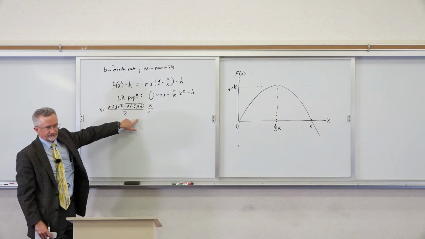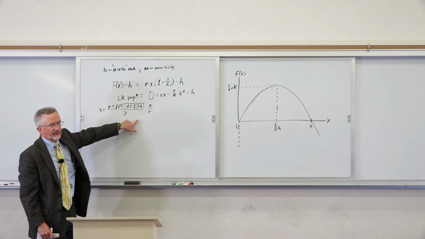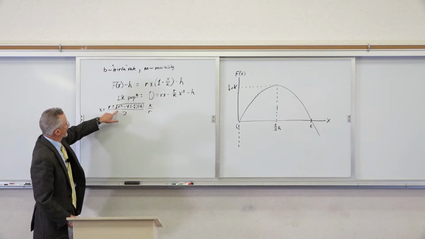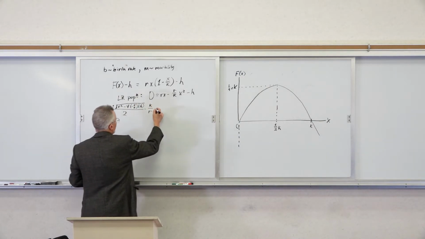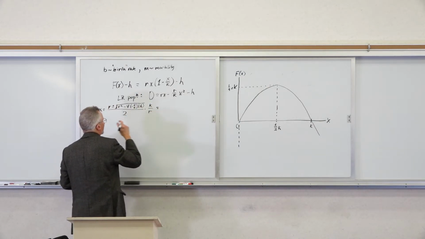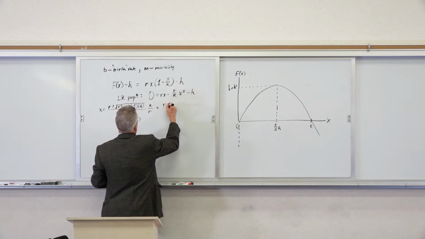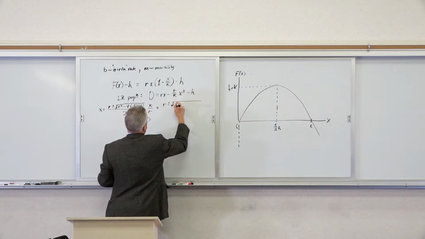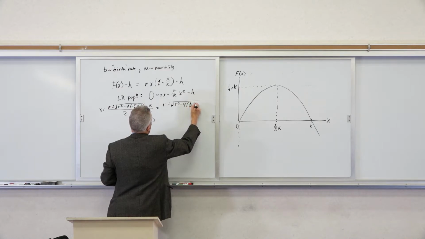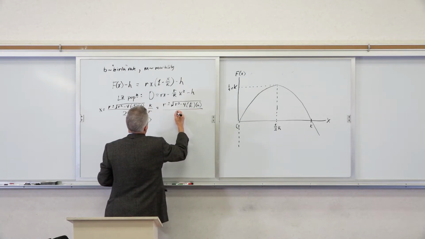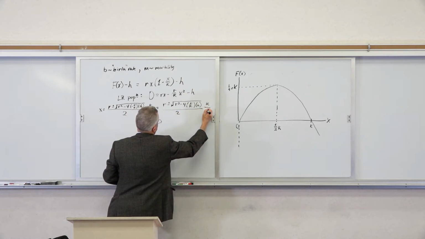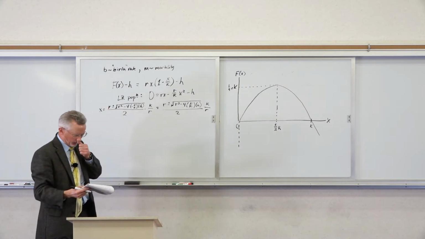Good so far? Okay, just applying the quadratic formula. And then recognizing that we can just put those positive, that's equivalent to r plus or minus the square root of r squared minus 4 r over k h, over kr.